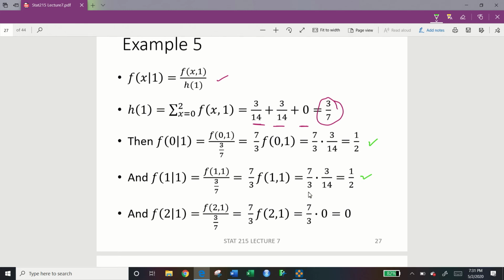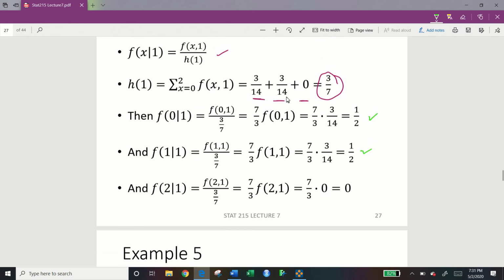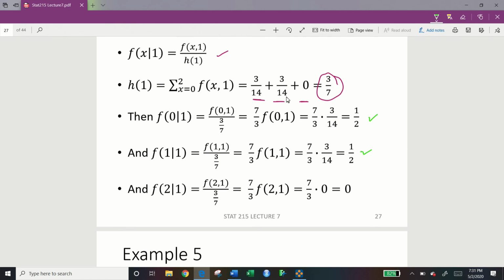Last but not least, we have f(2 | 1), which is equivalent to f(2, 1) over 3 sevenths. Flip our fraction and multiply. We need to find f(2, 1), which is equal to 0. And as we know, anything multiplied by 0 just equals 0.